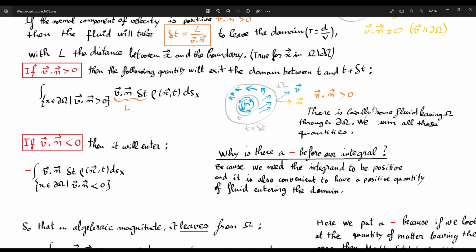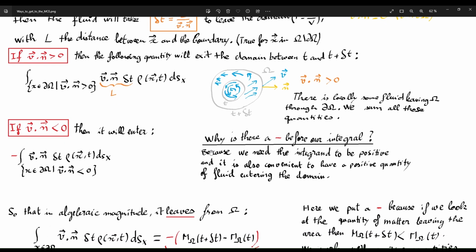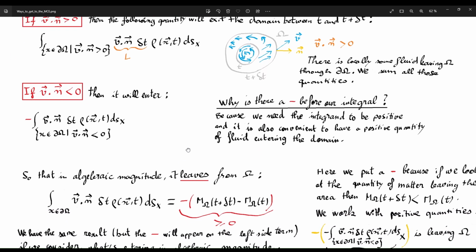If v scalar n is negative, then it will enter: minus the integral of the x on the boundary such that v scalar n is negative. We have the same integral as before. Why is there a minus before our integral? Because we need the integral to be positive, and it's also convenient to have a positive quantity of fluid entering the domain.